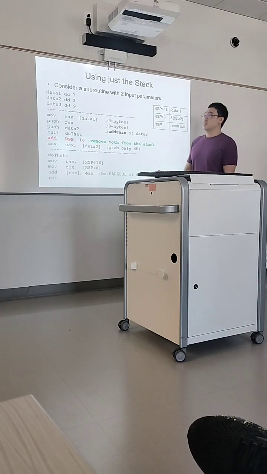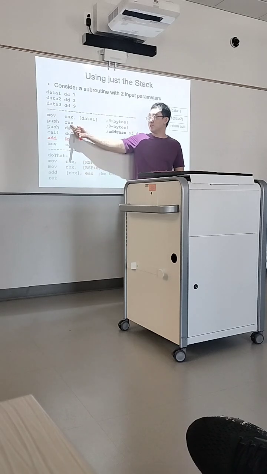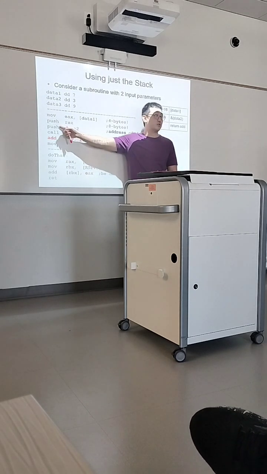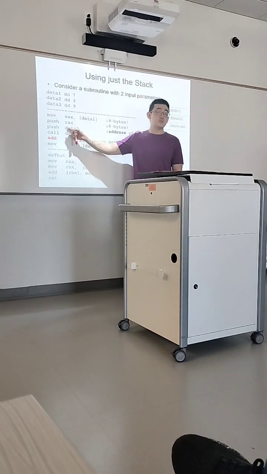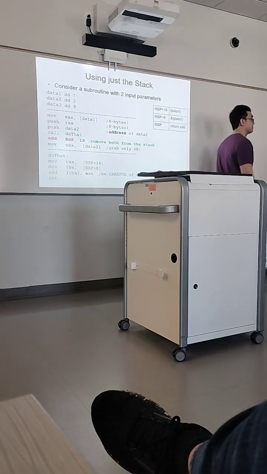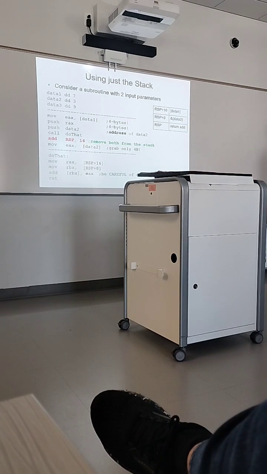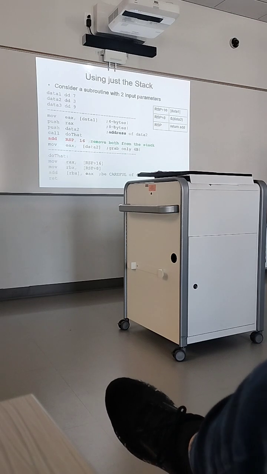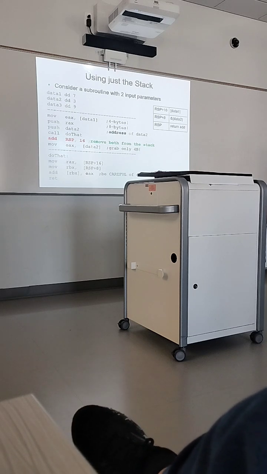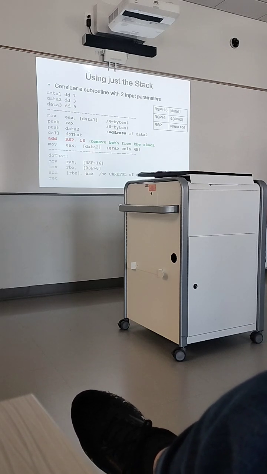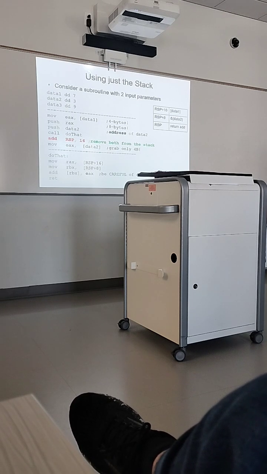Now I'm going to take the entire RAX and push it on the stack. Why? I'm going to put it on the stack because I'm going to pass it into the function as an input parameter, basically.